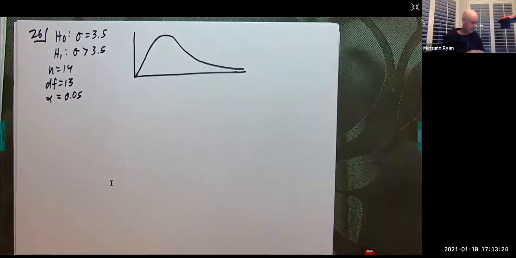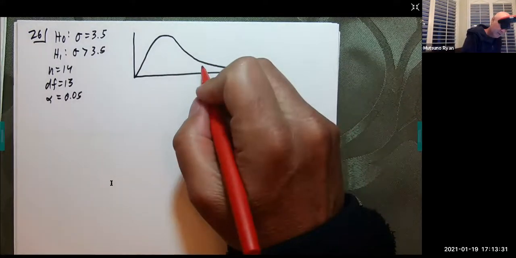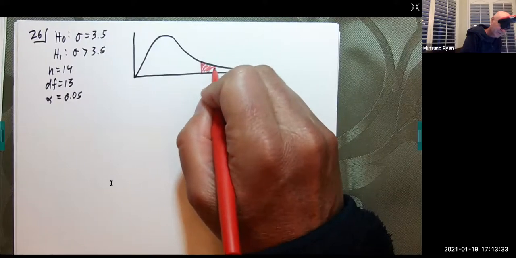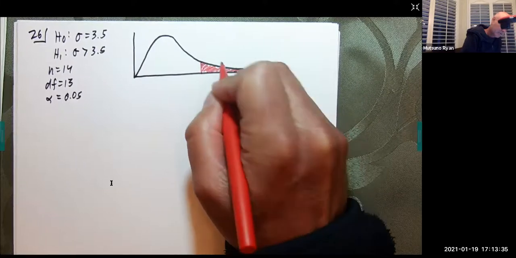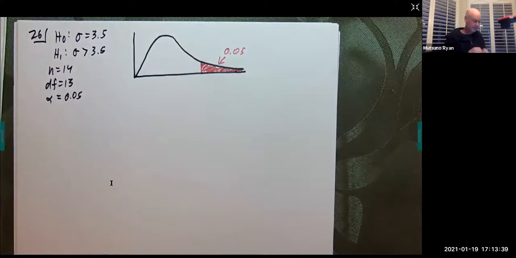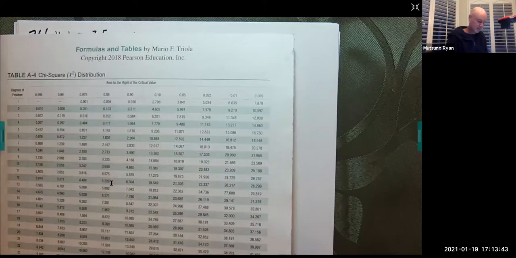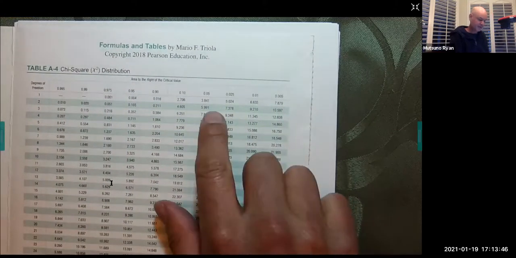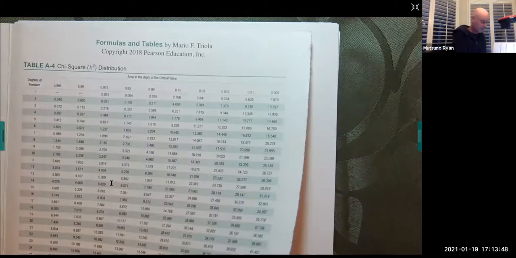I'm going to over-exaggerate that one a little bit. Now this is going to be a right tail because it's larger than. And so there's only going to be one critical value in this case. So area to the right is going to be 0.05. Degrees of freedom in this case are 13.